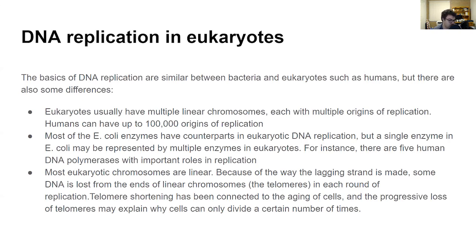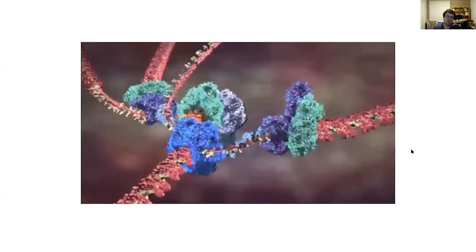There is more to it, and I'm talking very briefly about it, so it's perhaps something you can explore in your own time. And finally, I would like to stop on a 3D image of a model of this site of replication.